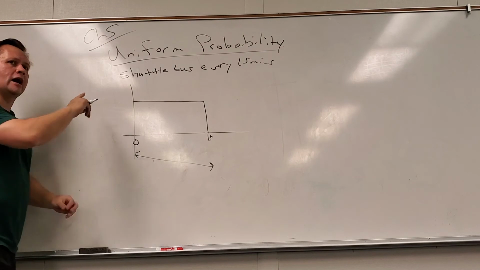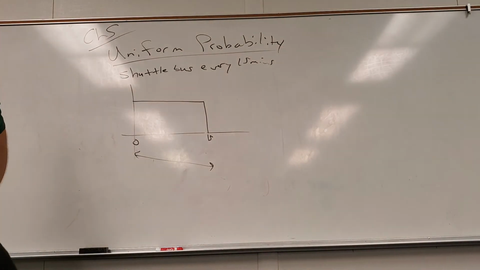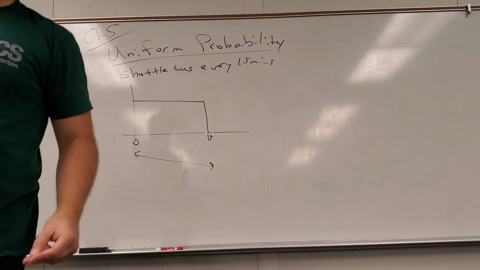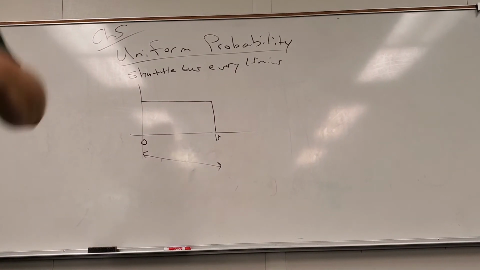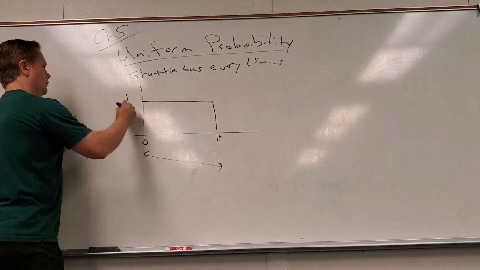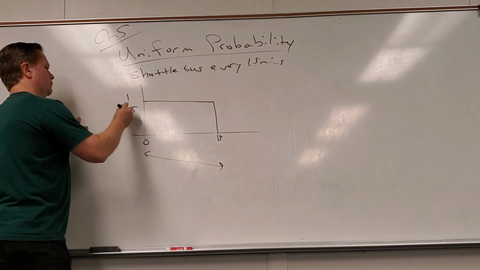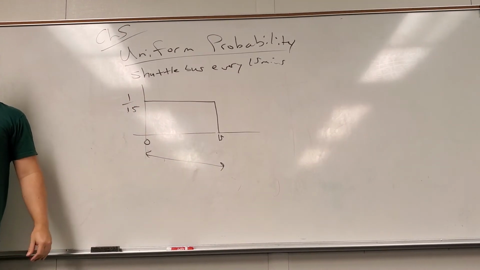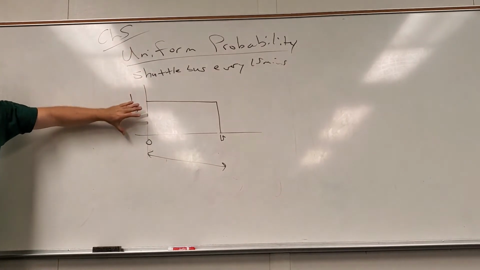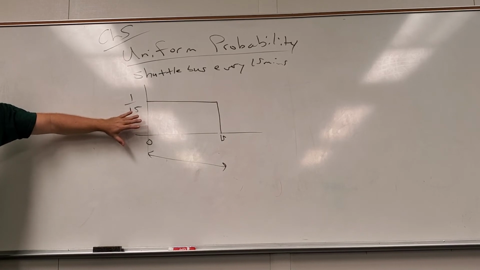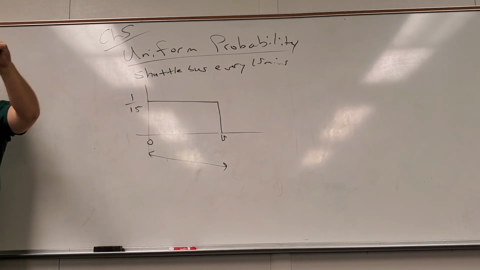So what's the height got to be so the area is 1? What do you multiply 15 by to get 1? Its reciprocal. So now I have set up this situation, represented it visually, and made the area 1.